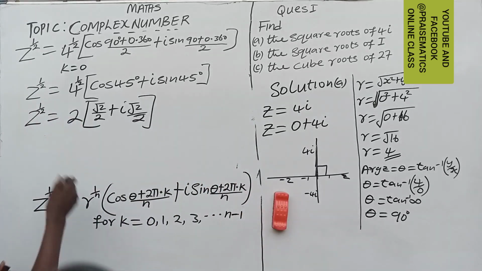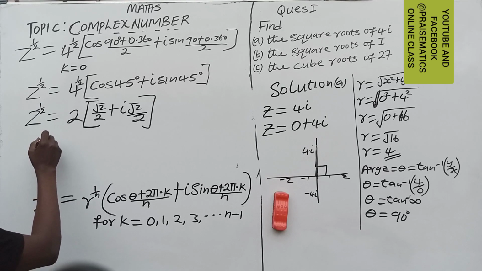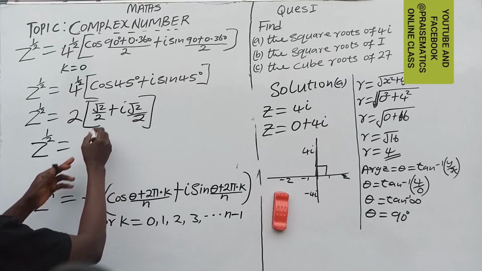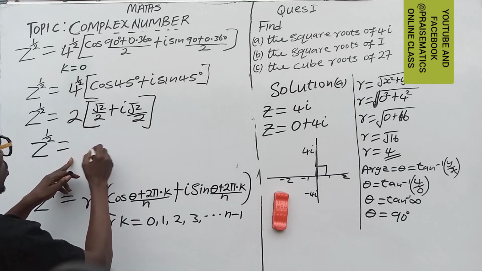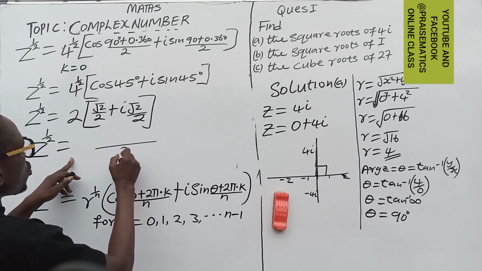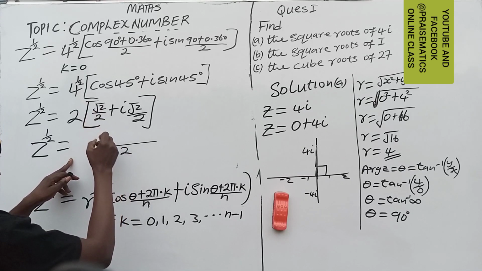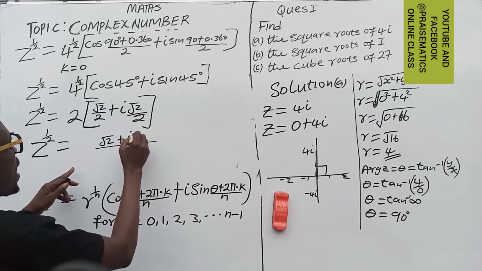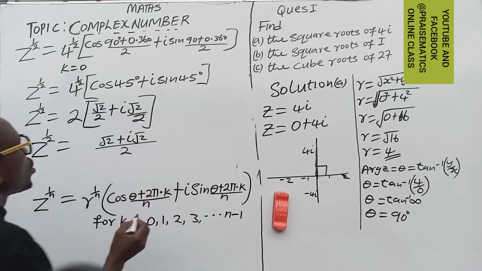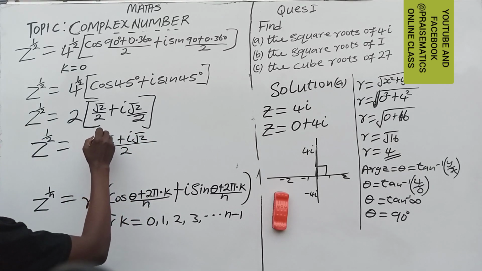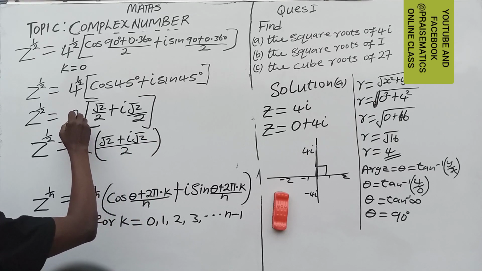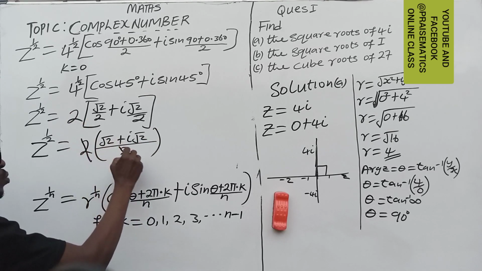Finally, we have z to the power 1 over 2 is equal to, if you find the LCM, 2 into root 2 plus i root 2 all over 2. The 2 will cancel the 2.